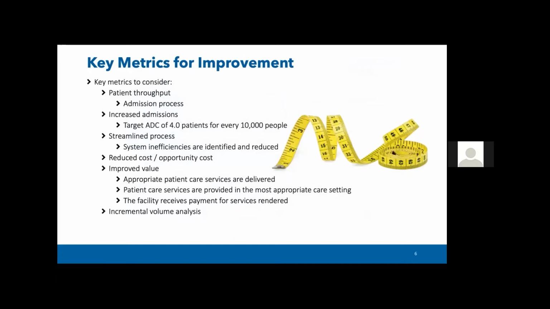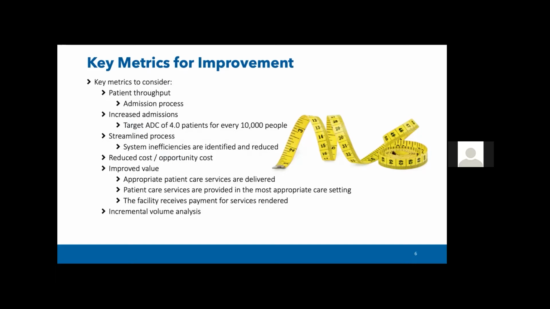When a framework or a process is implemented, we hope to resolve and reduce some of those inefficiencies that may exist. Increased admissions, again, with targeting that ADC of 4, we hope to get to that point, depending on your patient population and service area. A reduced cost, or an opportunity cost, if you will.